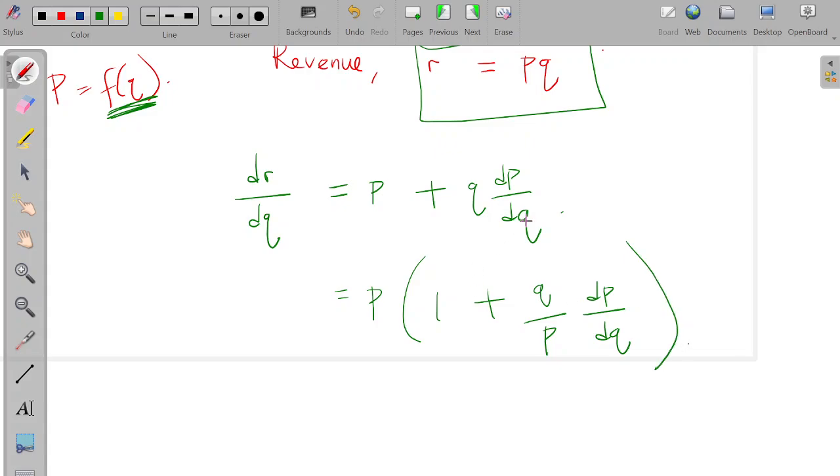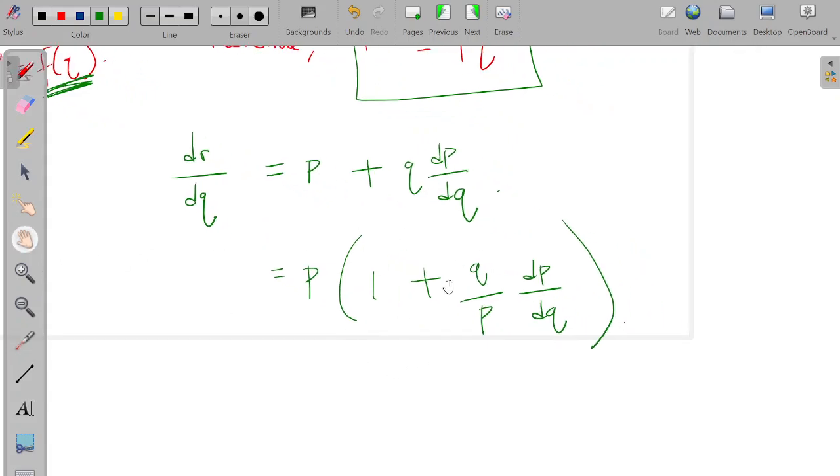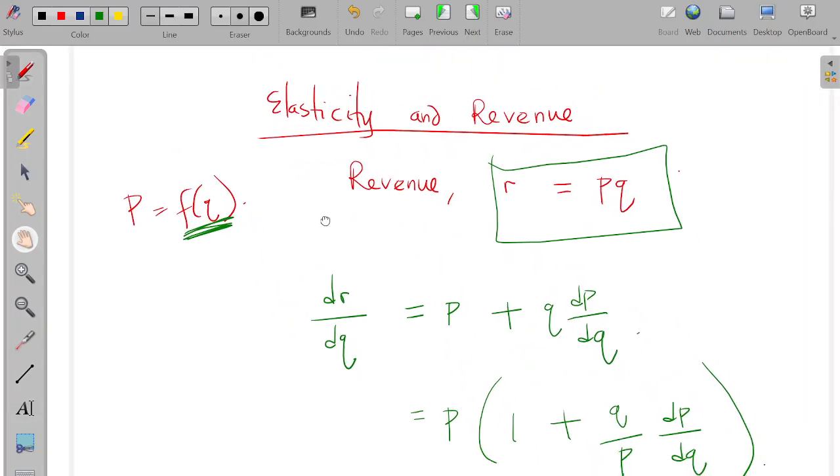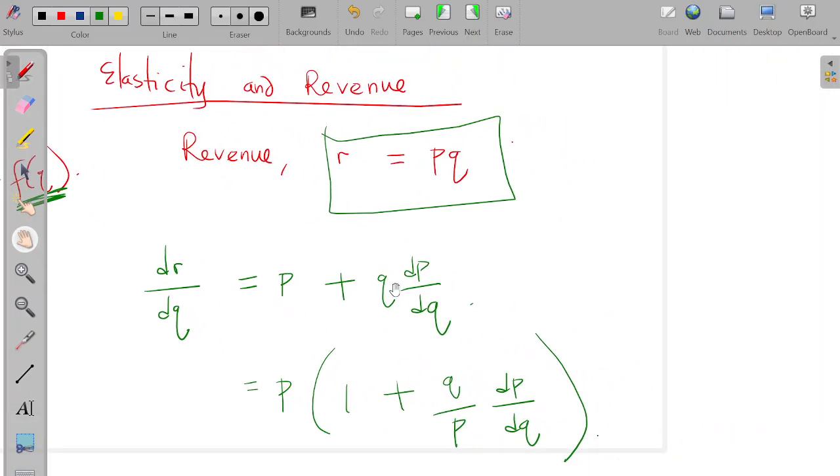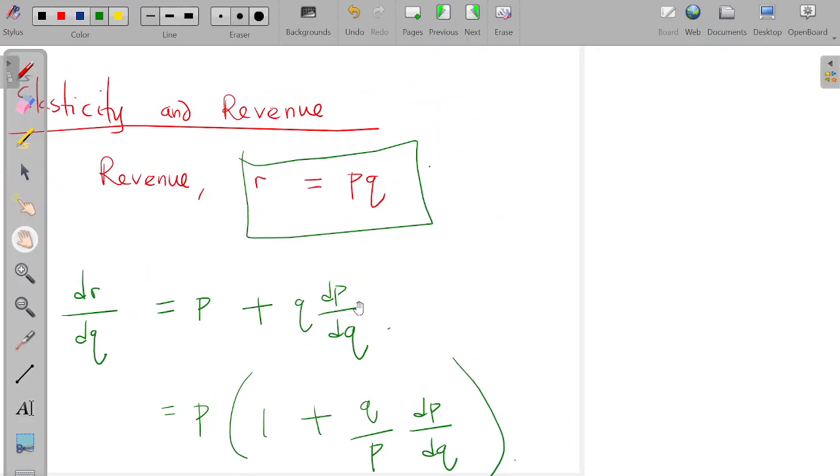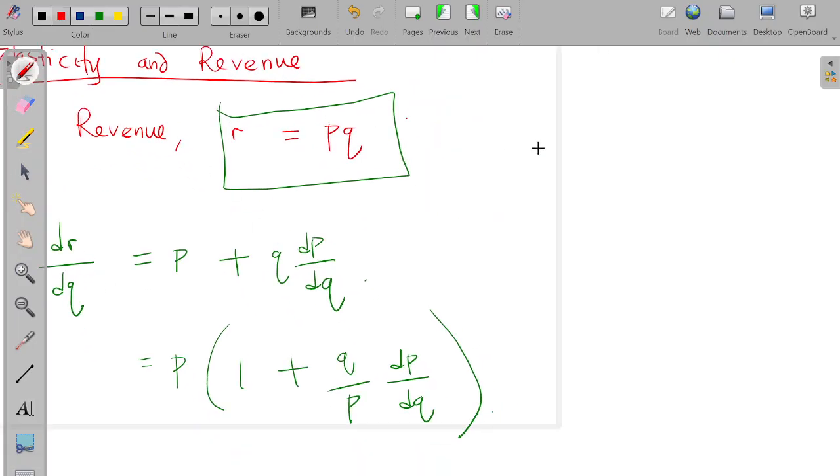Okay, that is fine. Now, if you look at this, and we look at the formula for our point elasticity of demand before, let me state that formula. That formula, when we have P as a function of Q, is P over Q divided by the dP over dQ. Okay, that is the formula we have.